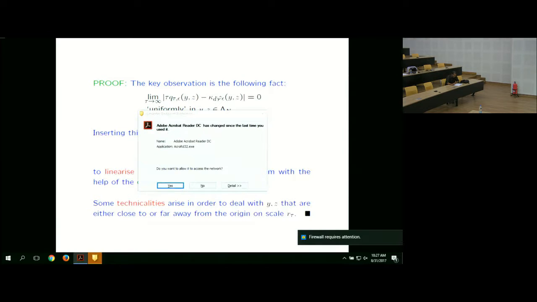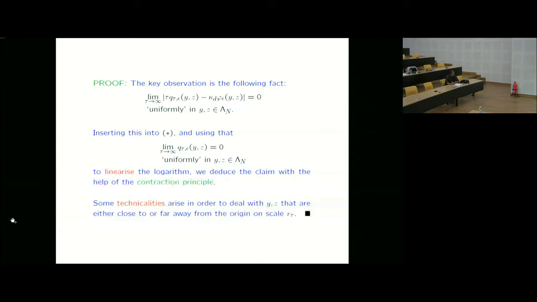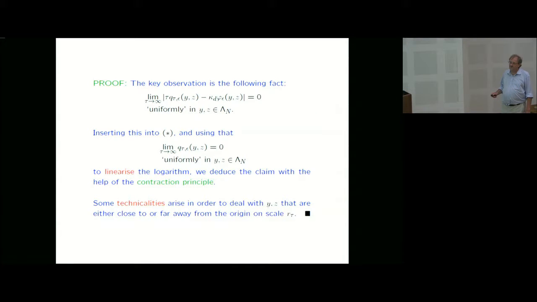So, okay. Indeed, since tau is going to infinity, this is a small number, so we were right in linearizing the logarithms.